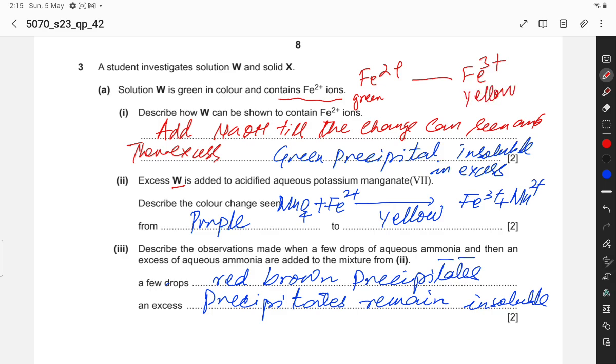The manganate ion is purple in color, and when manganate oxidizes iron 2 to form iron 3, the color will become yellow because iron 3 salts are yellow. So describe the color change seen as purple to yellow.